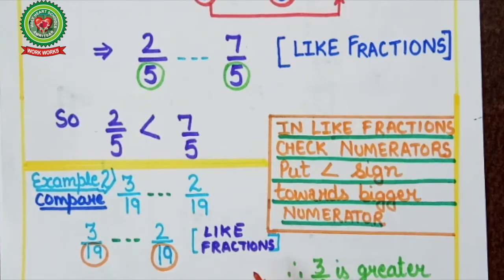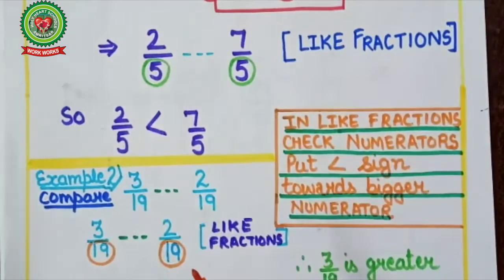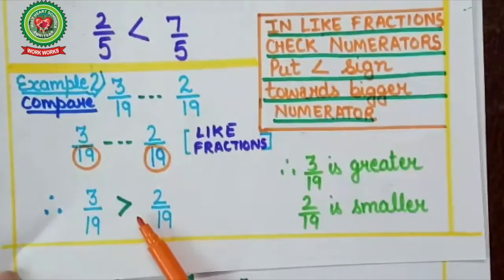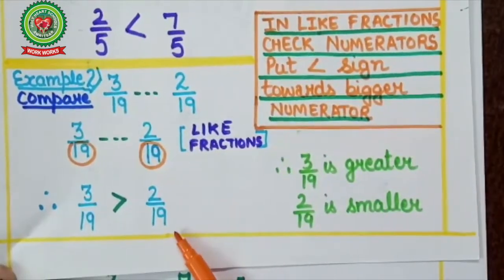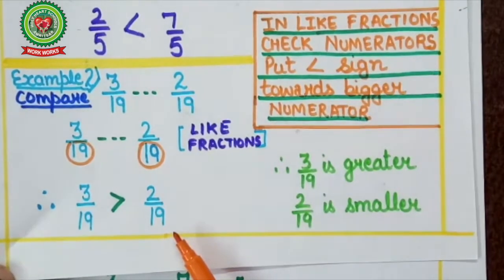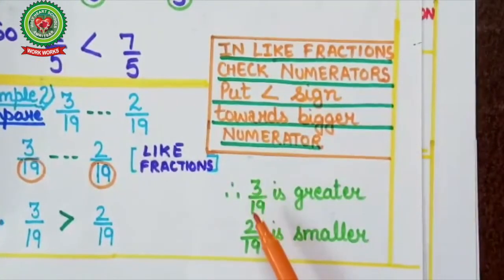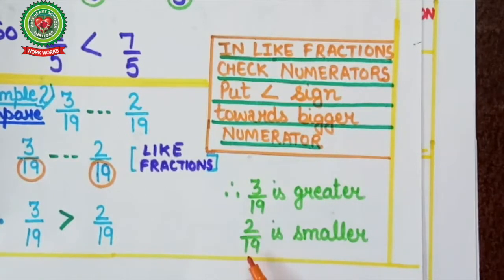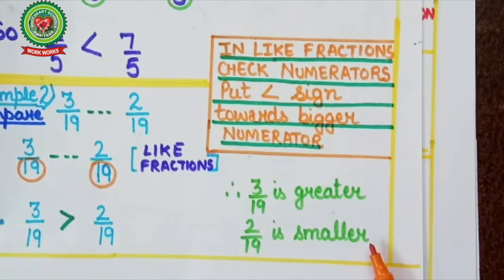Now we will see the numerators. Who is bigger, 3 or 2? Right, here 3 is bigger. Therefore 3 upon 19 is greater than 2 upon 19. So at the end we will write 3 upon 19 is greater and 2 upon 19 is smaller.